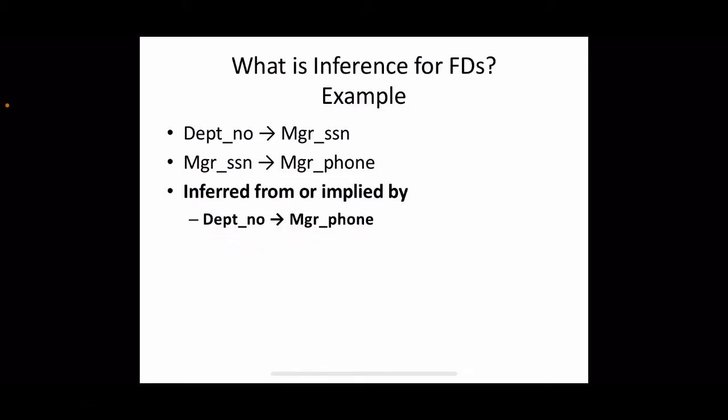Department number functionally determines manager phone. This is an example of a transitive dependency. So from a given set of dependencies, we can infer a new dependency.